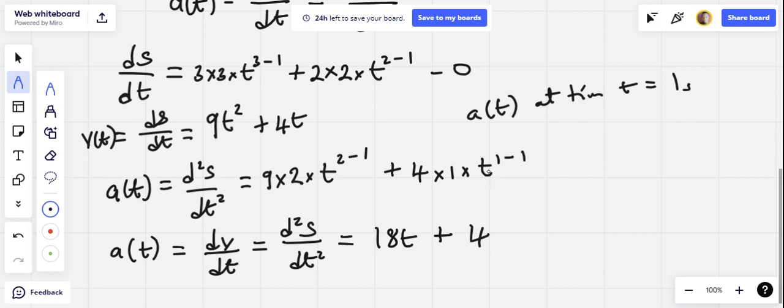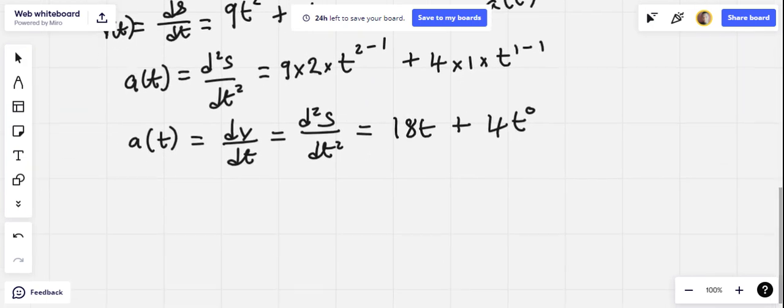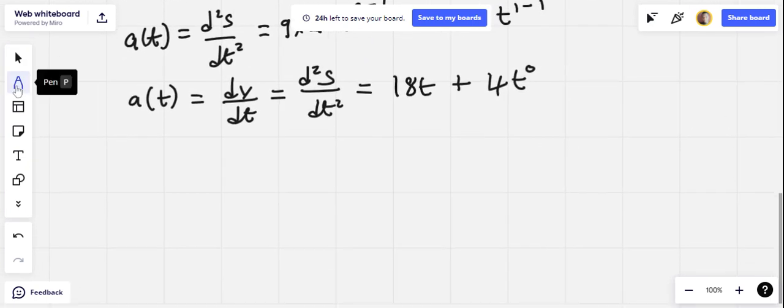T raised to the power of 4 times 1, 4 times t raised to the power of 1 minus 1. 1 minus 1 is 0. So that will be 4t raised to the power of 0. Then according to the law of indices, anything raised to the power of 0 equals 1.